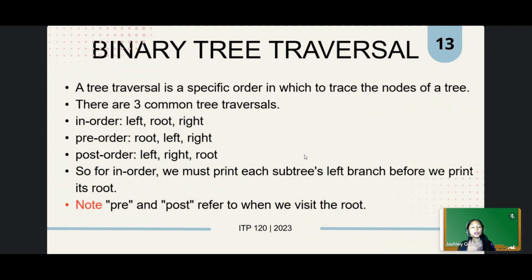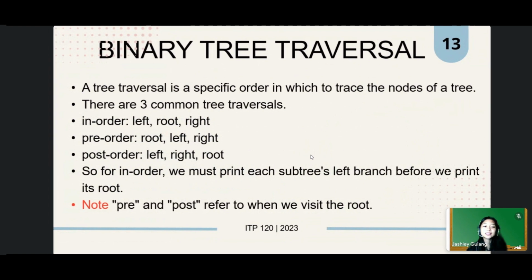Then pre-order, from root, left, to right, and last is post-order, from left, right, and root. For in-order, we must print each subtree's left branch before we print its root. Note that pre and post refer to when we visit the root. Anyway, we have an example for this.